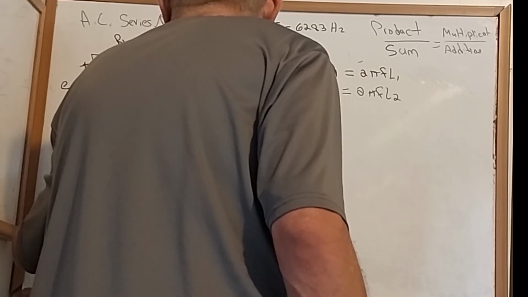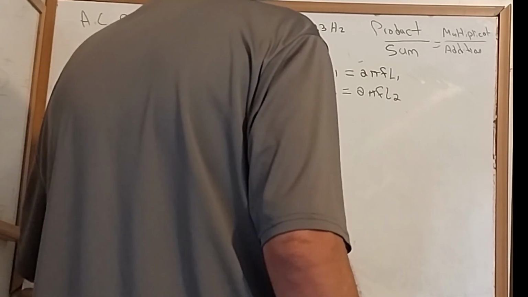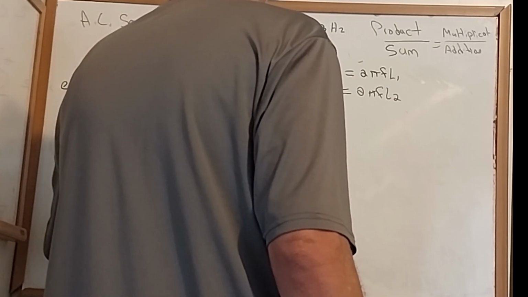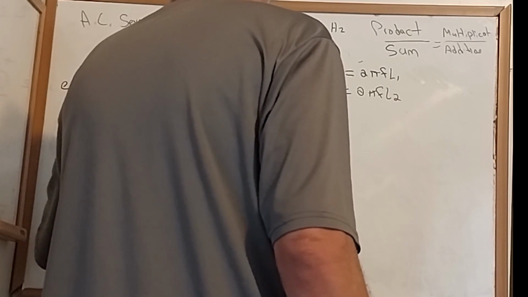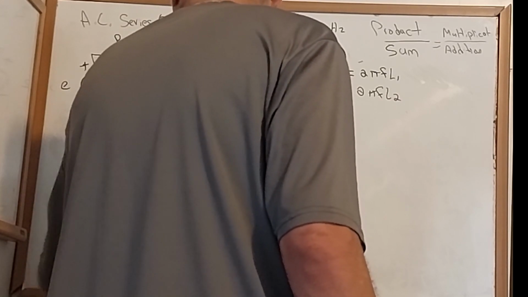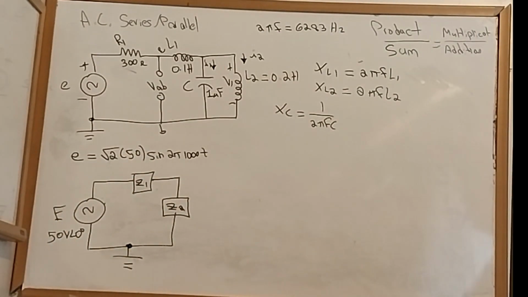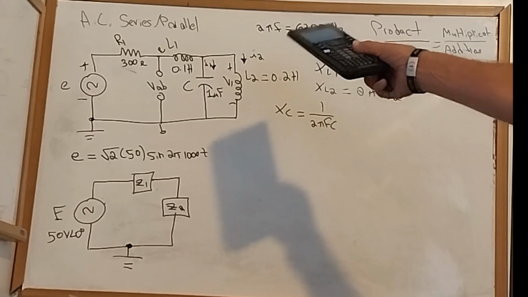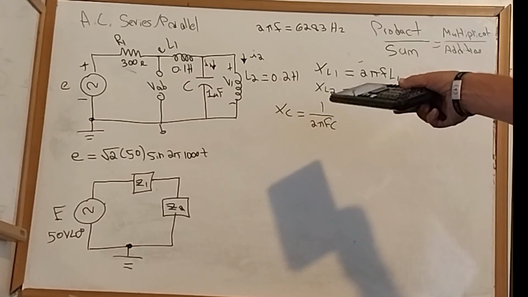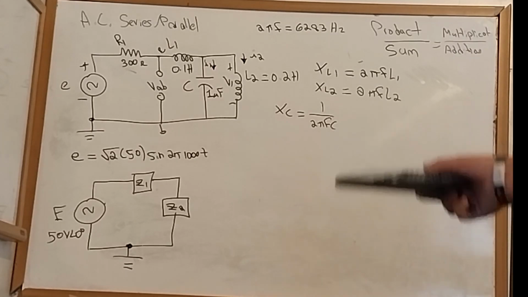C1. Z2. I took R1 in series with L1, added them together. I took the parallel combination of X of C and X of L2 and created it to be Z sub 2.